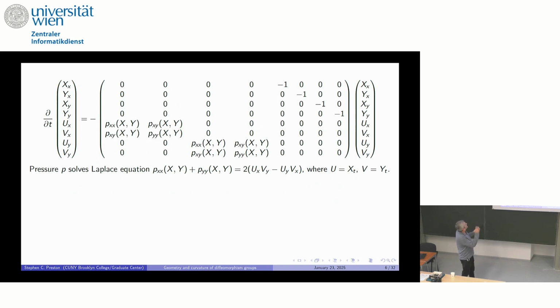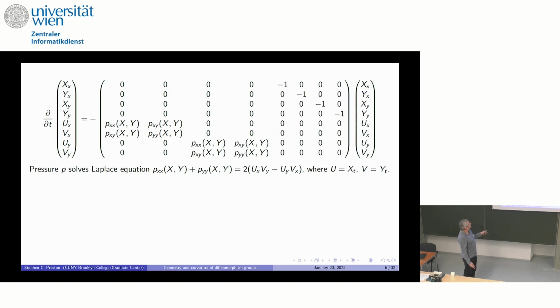Okay, so the system we actually want, once we write everything just in terms of the partials, we get this big system for the 4 partial derivatives and their 4 time derivatives in terms of the same things, and some big matrix in terms of the pressure Hessian, the second derivatives.